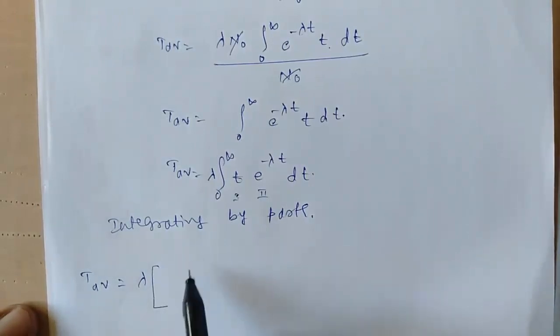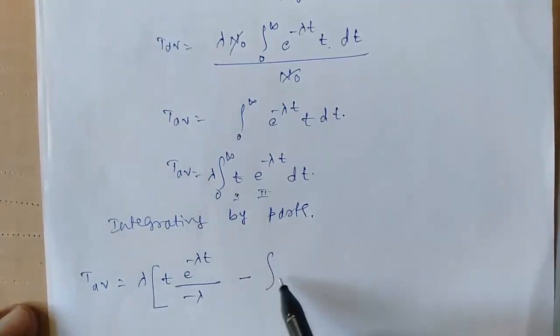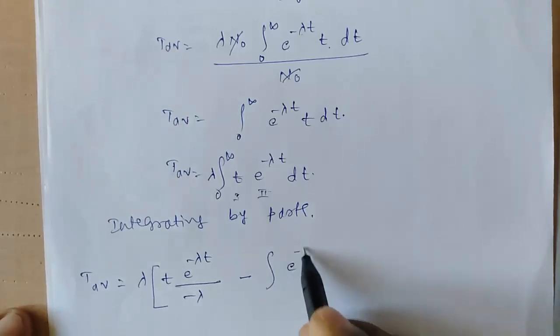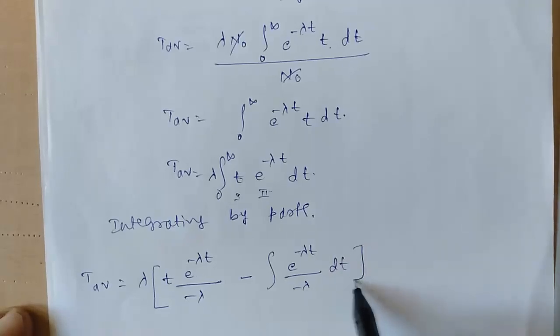Integrating by parts, you get t into e to the power of minus lambda t divided by minus lambda, minus the integration of the differentiation of the first function t, which gives 1, and e to the power of minus lambda t divided by minus lambda into dt, right?